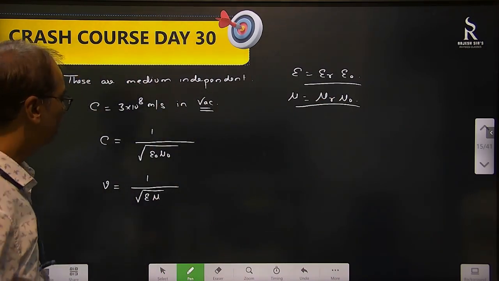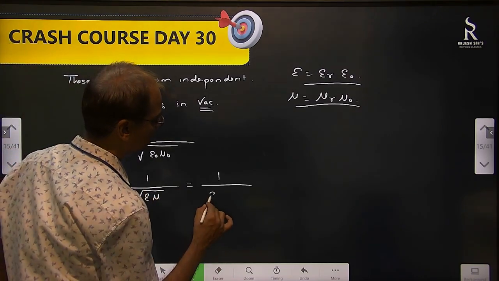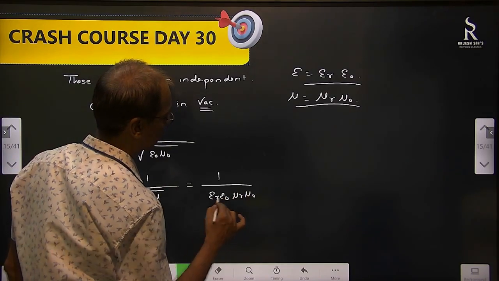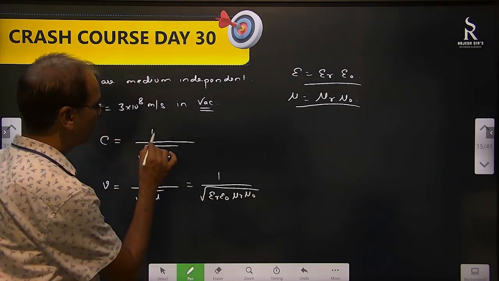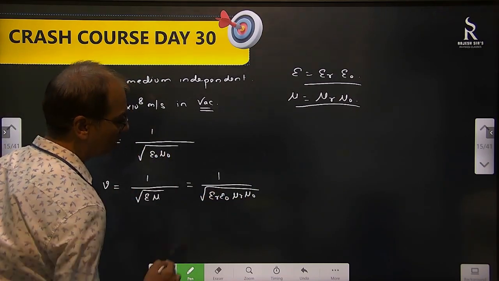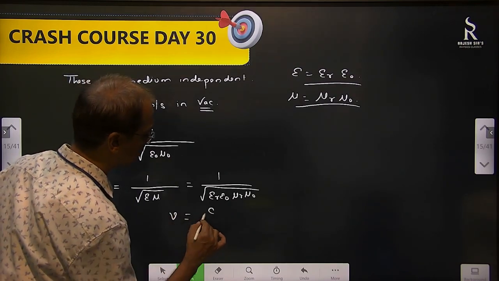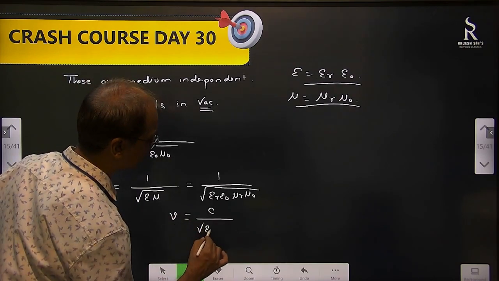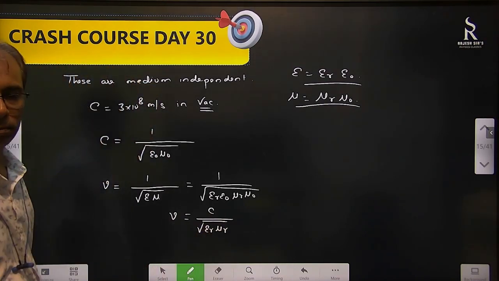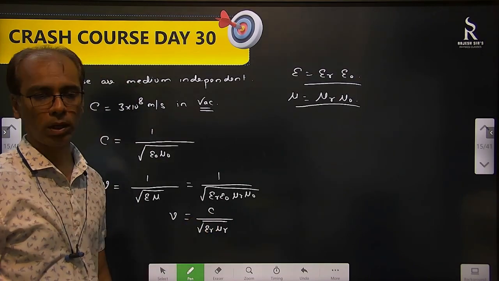So v equals 1 by root over epsilon r epsilon naught mu r mu naught. Now 1 by root over epsilon naught mu naught is c, so v is equal to c by root over epsilon r mu r.